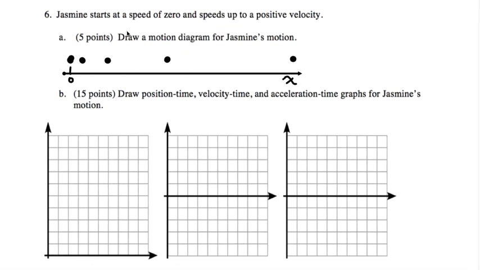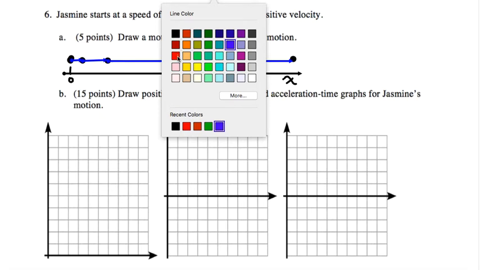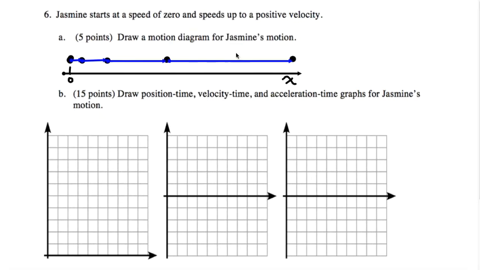I'll make them in blue. They're going to the right. And our acceleration arrows, which everyone always forgets. Since it's speeding up, the acceleration is the same direction as the velocity, so they're also to the right in this case. There's your motion diagram.